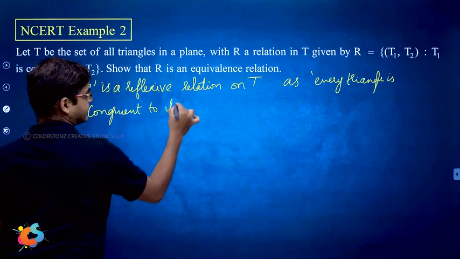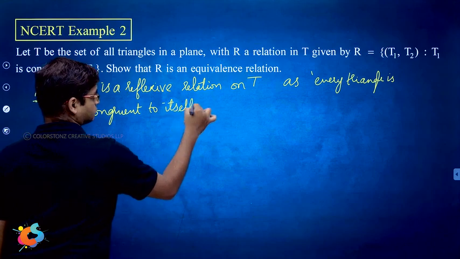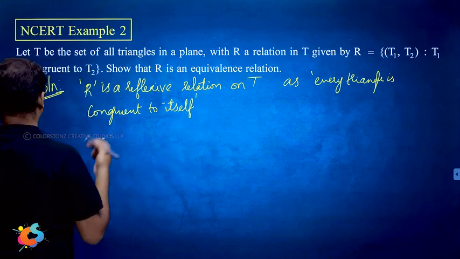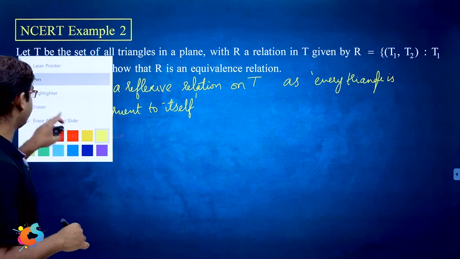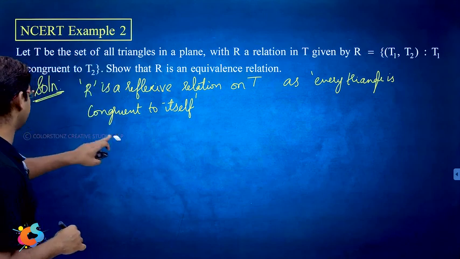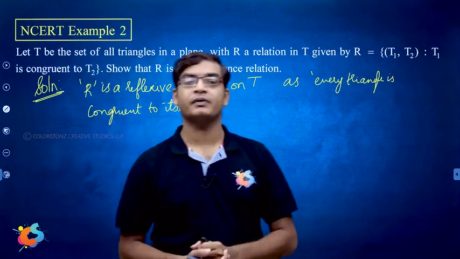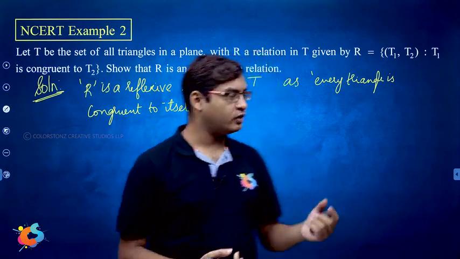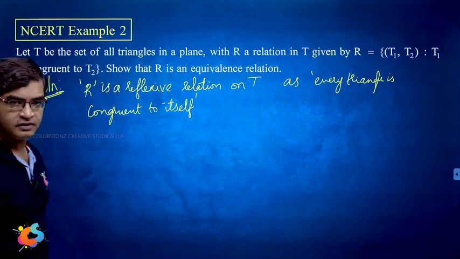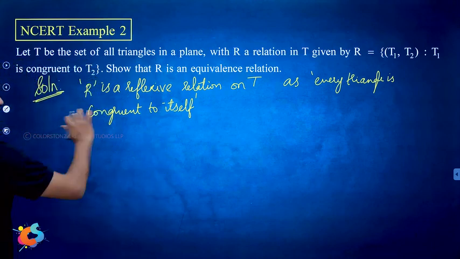Therefore, that's it. So we told that it is reflexive, and we have given the reason also why it will be reflexive. Because every triangle is congruent to itself. So therefore, R is a reflexive relation on set T. Okay. So first thing is completed.